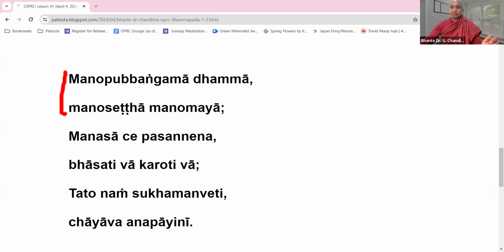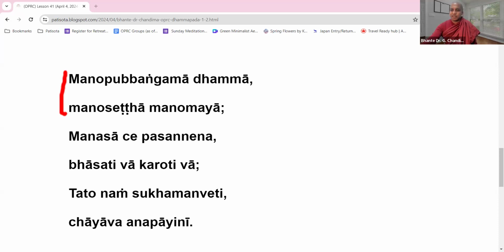Okay. Group 6. Yes, Tisita. Go ahead. Mano pubbangama dhamma, mano settha manomaya, manasa ce pasannena, bhāsati vā karoti vā, tato naṃ sukham anveti, chāyā va anapāyinī. Okay, good.